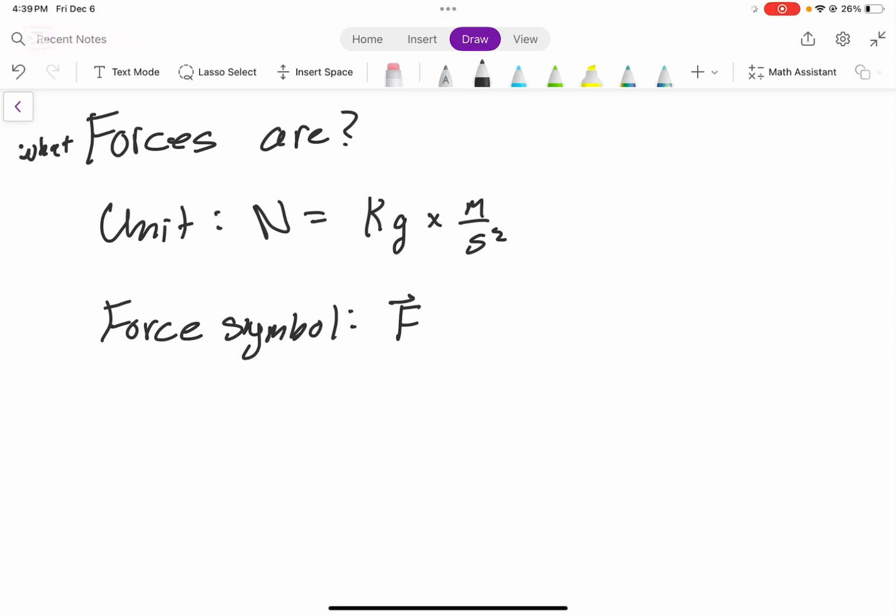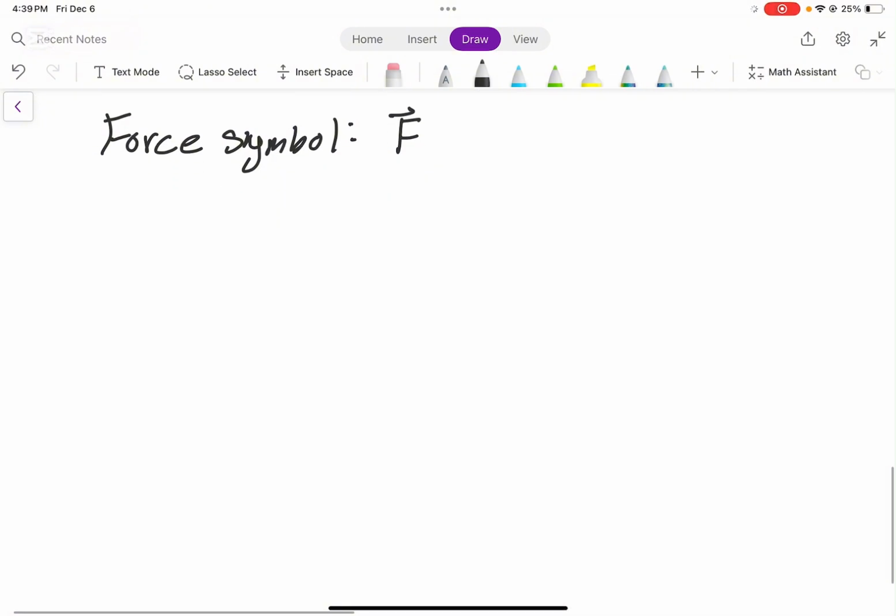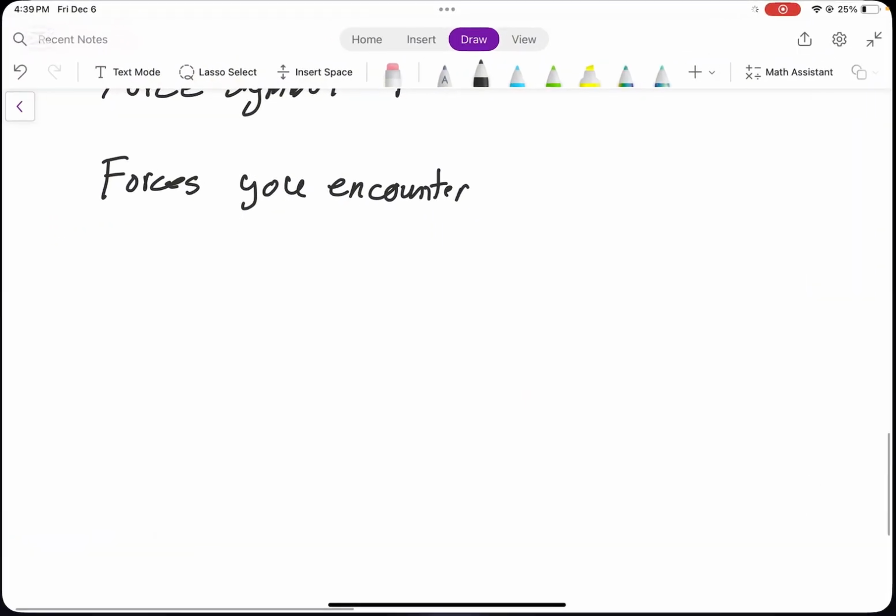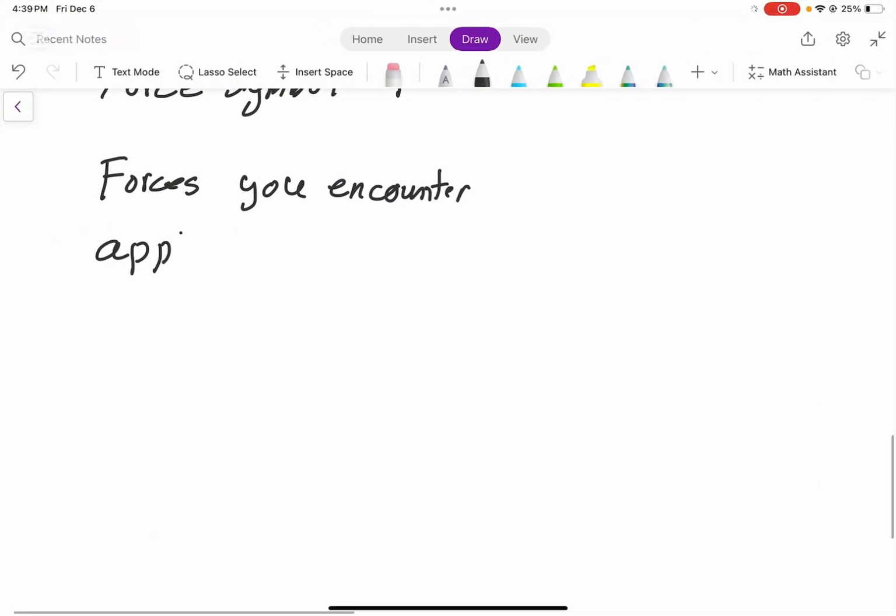From here, let's talk about what everyday forces you may encounter. Some forces you're going to encounter throughout your life. The first one is an applied force.